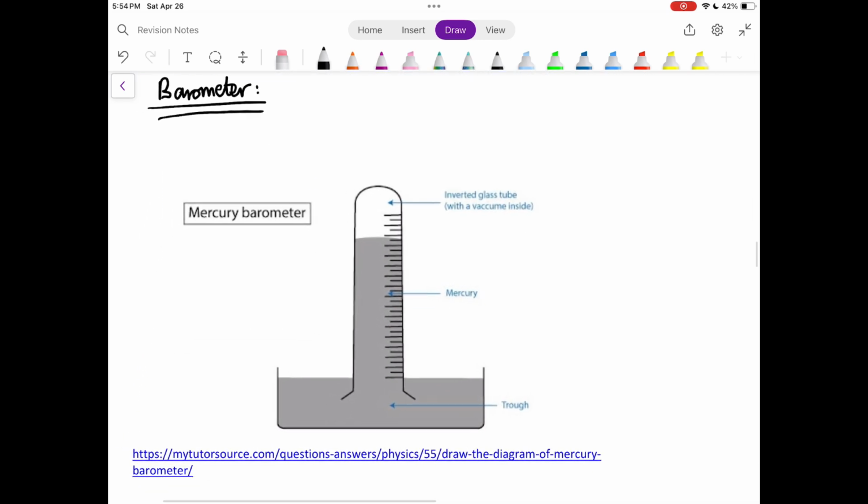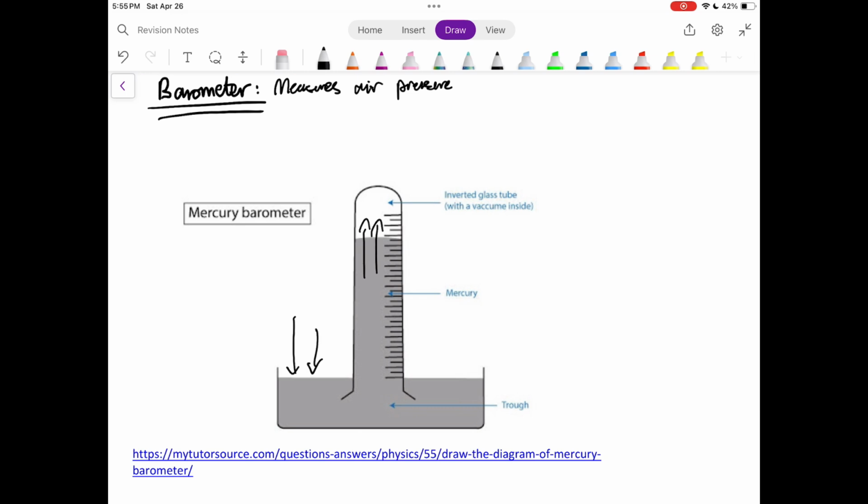Okay, so now we're going to be looking at a mercury barometer. And basically what this does is it measures air pressure. And basically how this works is that when the pressure increases, the mercury in the tube will rise. So just think of it as the pressure pushing it down.